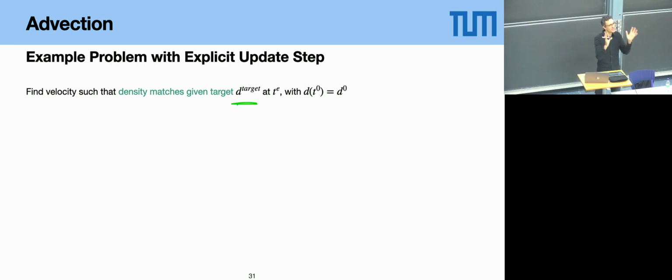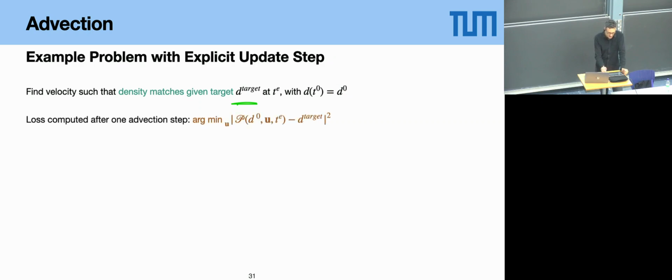You might take photos or 2 photos of this rising fog over time, and we want to now start with an initial density called d_u, evolve it with a flow field such that at the later time, T_e, it matches the target.